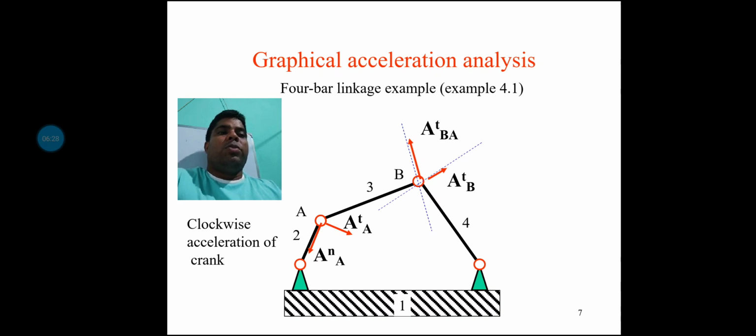Similarly, from B to A after t seconds the acceleration is ABAT, and with respect to B it is AB to the power t, which is also the change in motion, the clockwise acceleration of a crank.